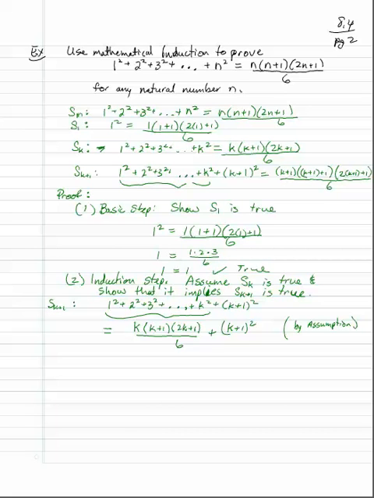Alright, now we're going to do some algebra and see if we can make it look like the right side of S sub k plus 1 that we wrote above. So we're going to distribute all this. Well, first, let's get common denominators.